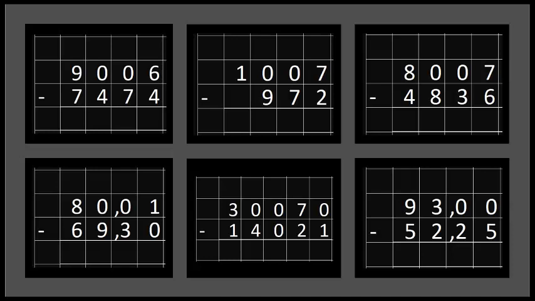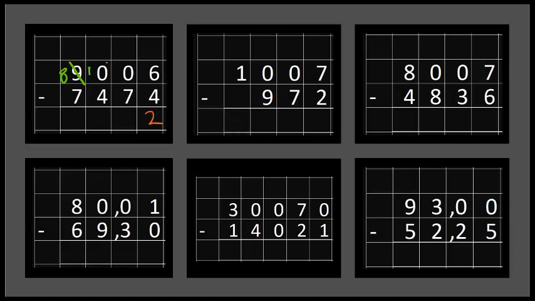9006 minus 7474. So we say 6 minus 4 is 2. 0 minus 7 is not possible, so we want to borrow. But if I want to borrow here, I've got another 0. I can't borrow from 0. If you have nothing, you've got nothing to give. So I have to borrow again. So I'm going to go to the 9, and this 9 becomes 8.